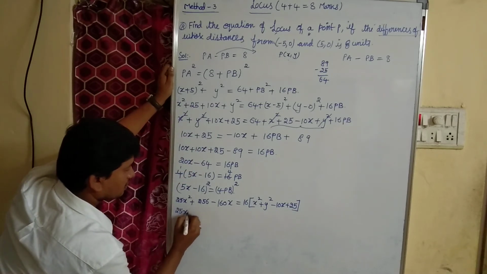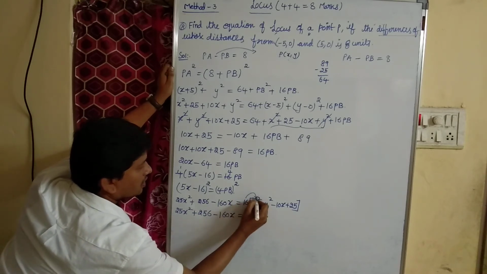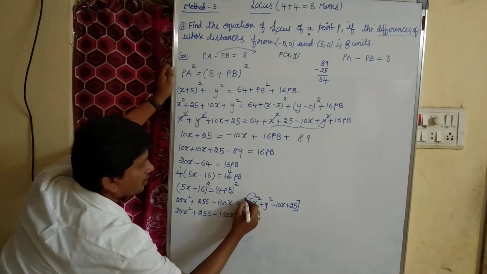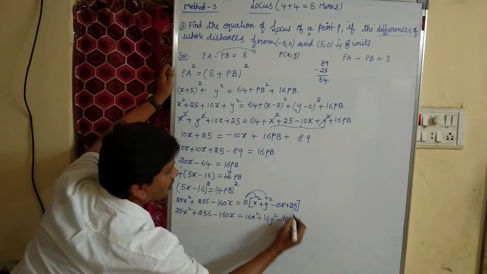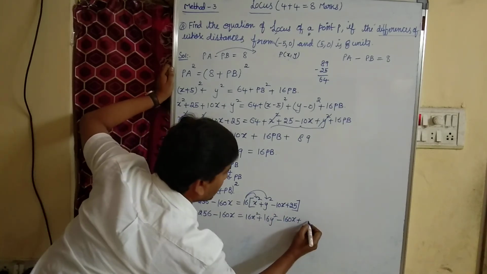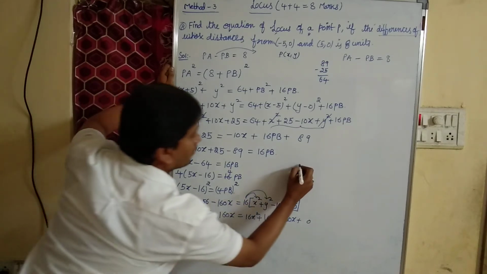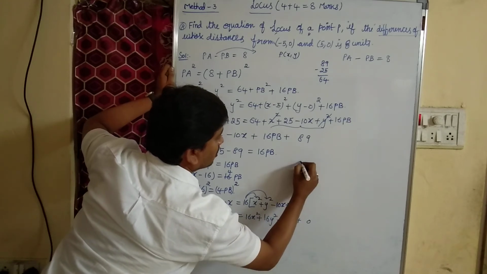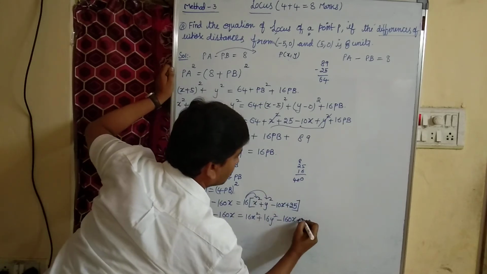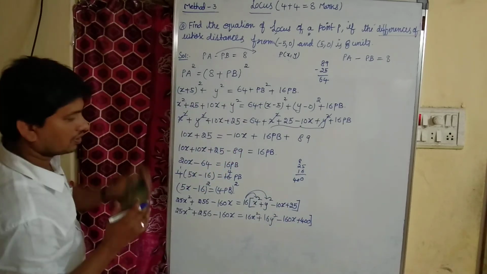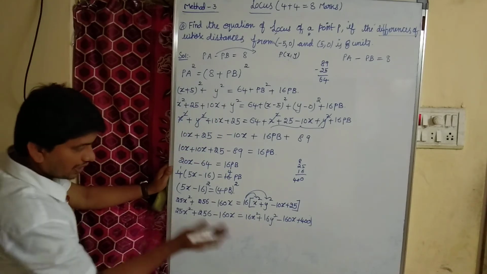So 25x square plus 256 minus 160x equals 16 into x square, 16x square, 16 into y square, 16y square, 16 into minus 10x, minus 160x, and 25 times 16 is 400, right, which is 400.